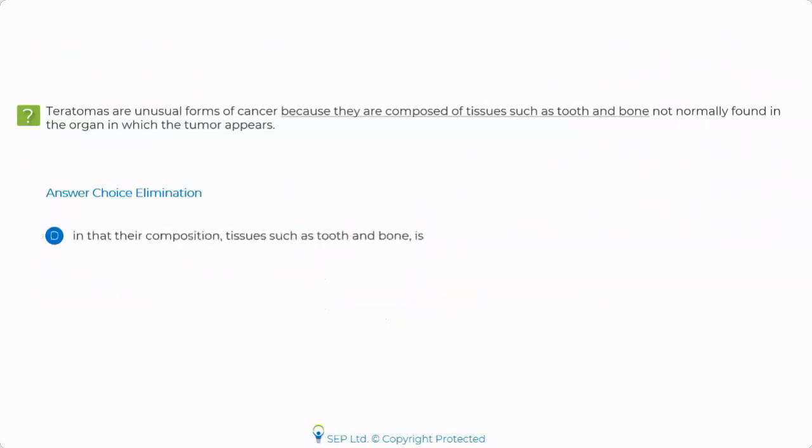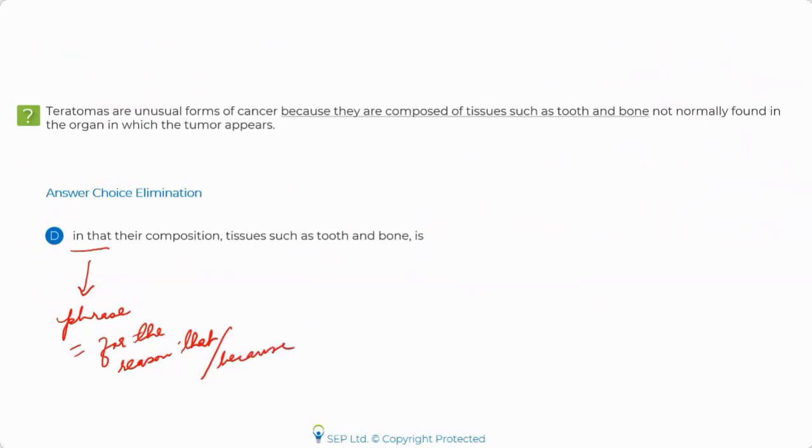Let's move to D. In that, as I've told earlier, this is a phrase which means for the reason that, and it is used instead of because.